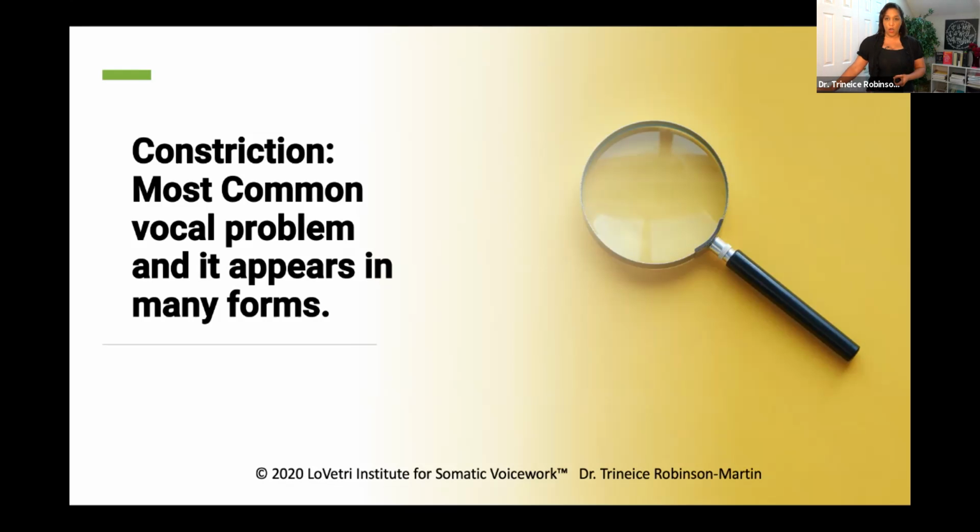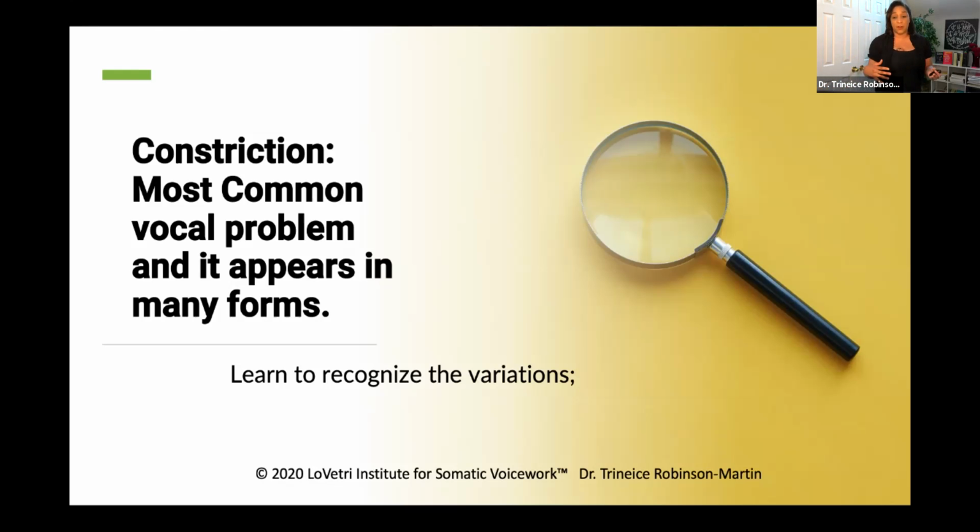Or I can sing like this, and this would still be a very constricted place. Or I could sing like this, and this would still be a constricted space. So sometimes how we perceive constriction isn't always as overt as, oh my gosh, right?